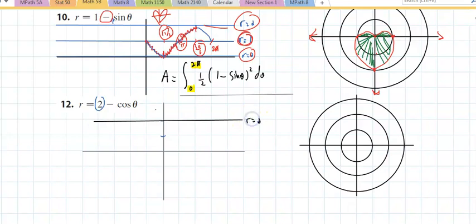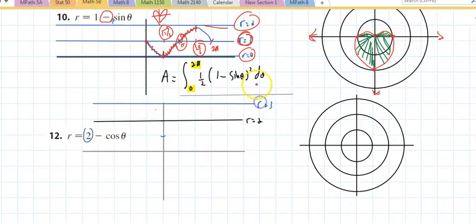And we label that. And we're going to run 1 unit above to r equals 3 and 1 unit below to r equals 1.